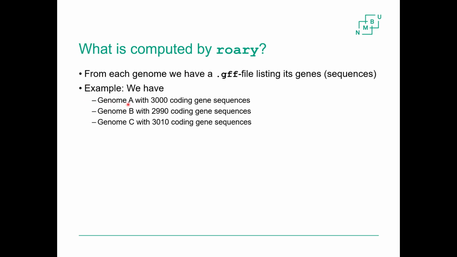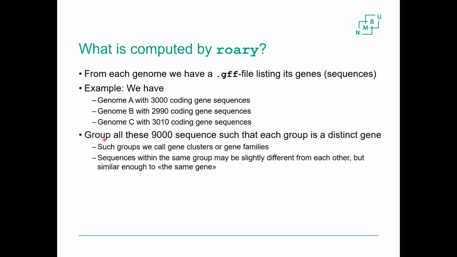For example, we have 3 genomes, genome A, B, and C, and we have some gene sequences in each of them. And here it's around 3,000 in each. This could be quite typical for a bacterial species, right? 3 genomes from the same species. They have approximately the same number of genes, not exactly the same, but quite similar.